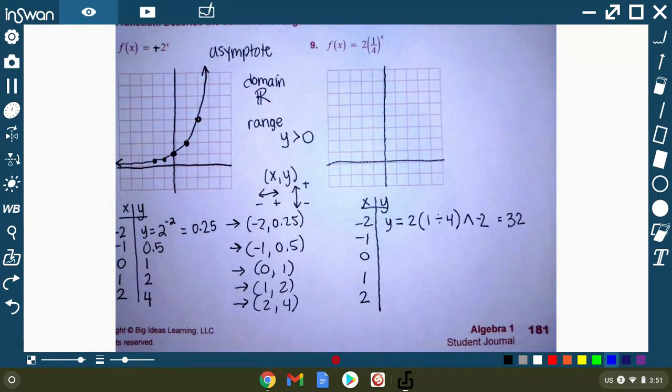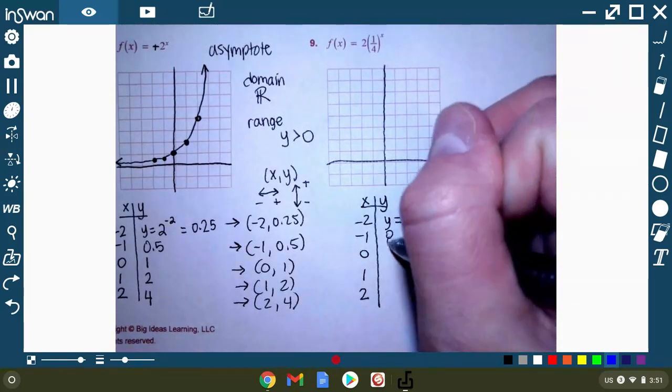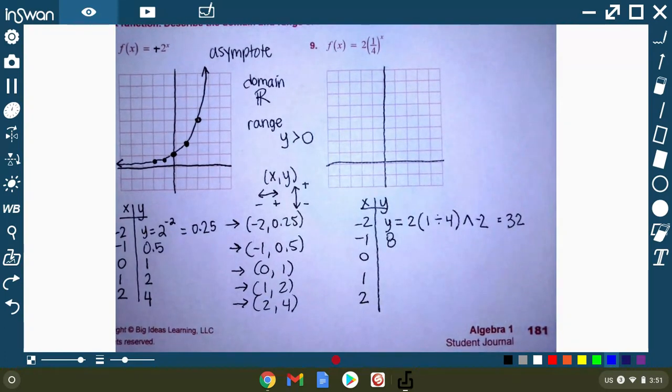But also make those lines on there because we're going to have to graph it. But we're going to go ahead now and plug in negative 1. So instead of our x value, we're going to plug in negative 1, and we end up with 8. And then if I plug in 0, the whole thing doesn't turn into 1, just that little section.